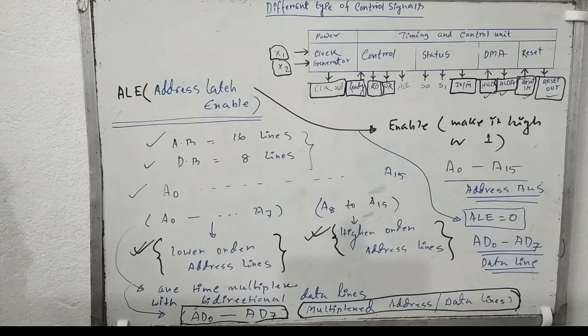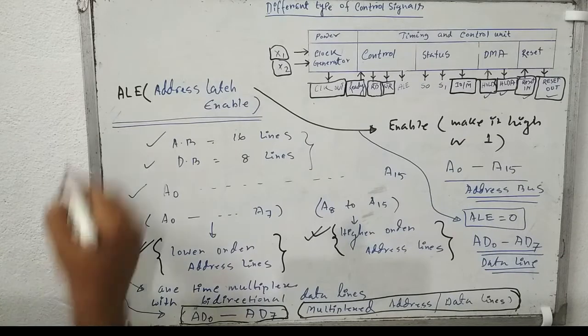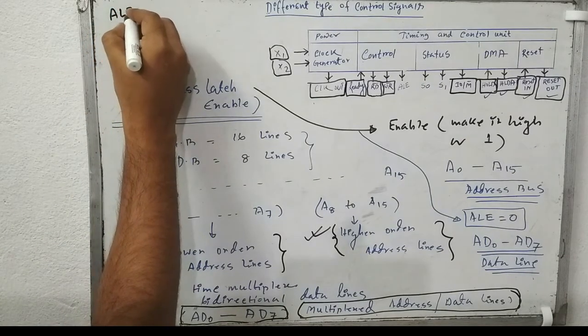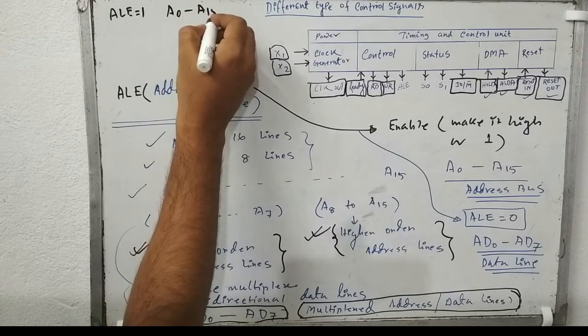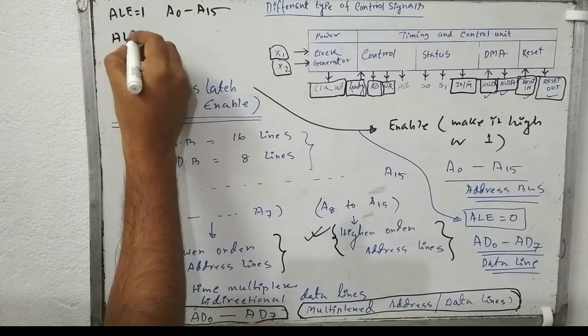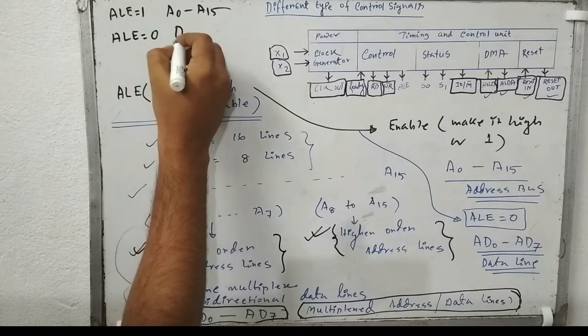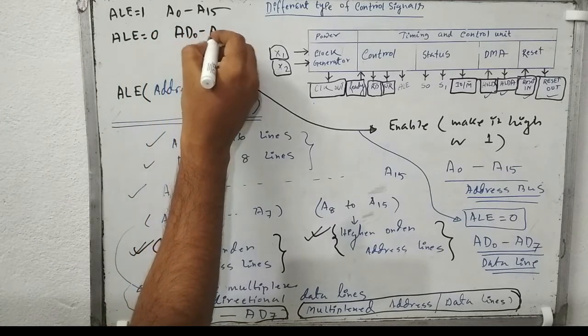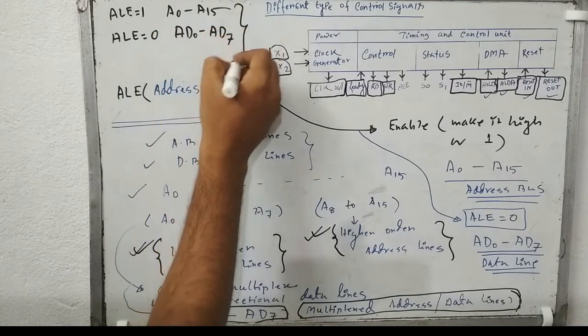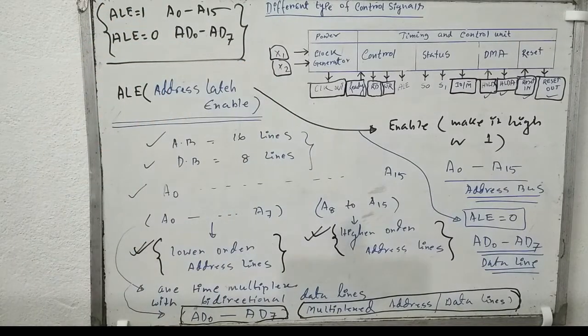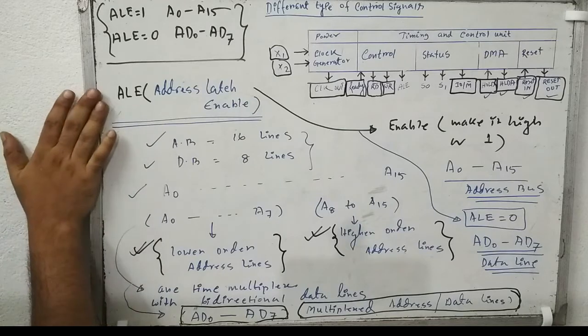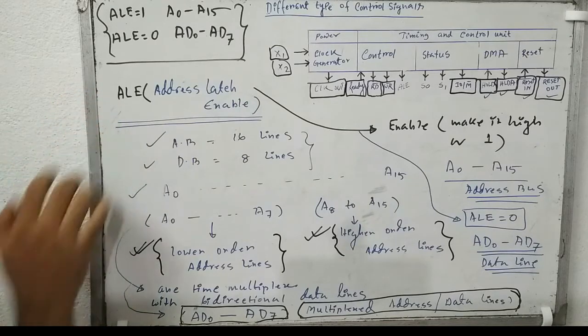So in a summarized way, I would say that ALE equals 1 means A0 to A15 is the address line, and ALE equals 0 means AD0 to AD7 is the data line. That is the conclusion for ALE.